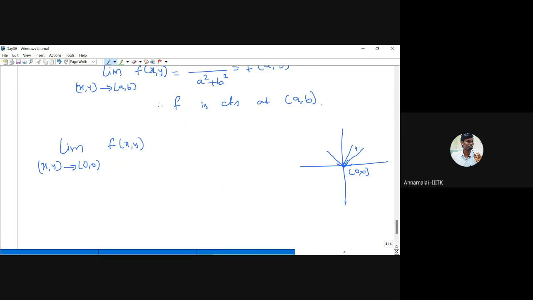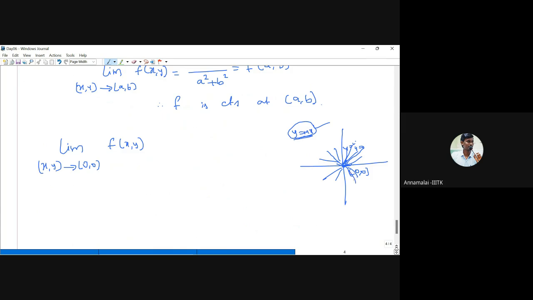If you take the line y equal to x, or y equal to 2x, or in general y equal to mx, this line passes through the origin, right? We are considering this direction, where m is any number. We have to check for all directions, so specifically we have to check this direction also, either this or this, because all are straight lines.